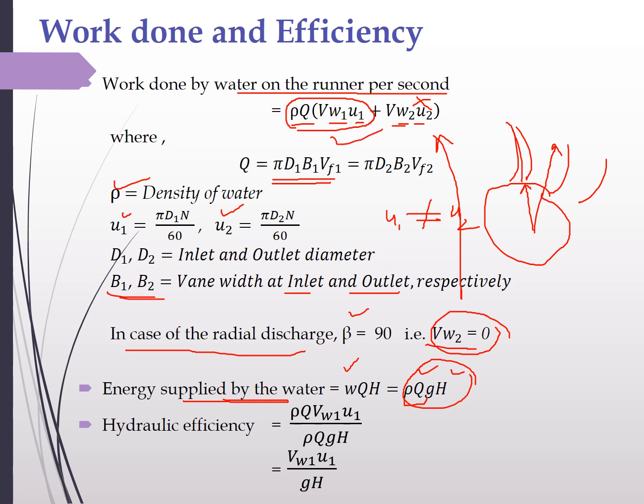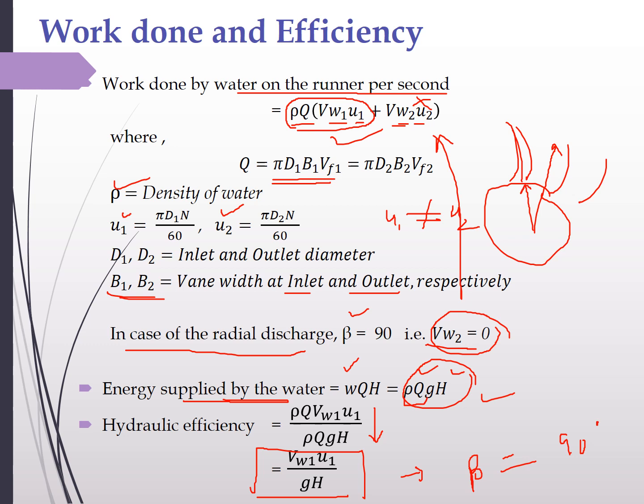Output by input will give you the hydraulic efficiency, and on simplifying it, we get the hydraulic efficiency as VW1 U1 by gH. This is for the case when beta is equal to 90 degrees, or we can say when the discharge is in the radial direction, when the flow is radially outwards.